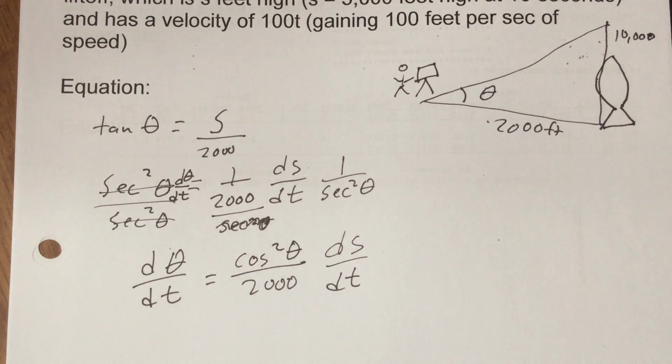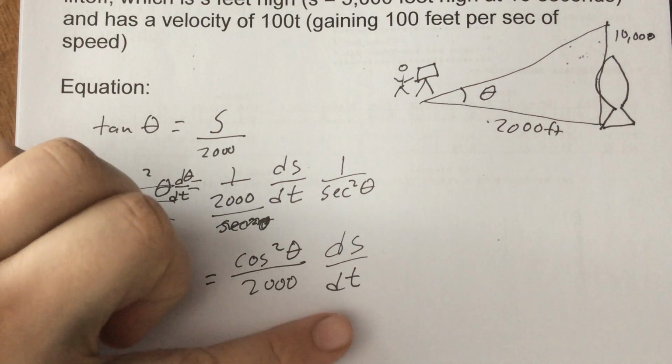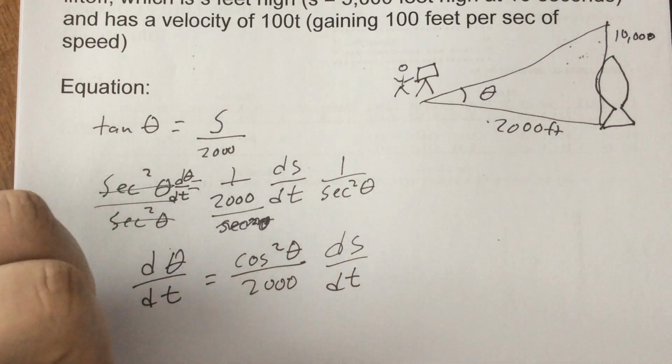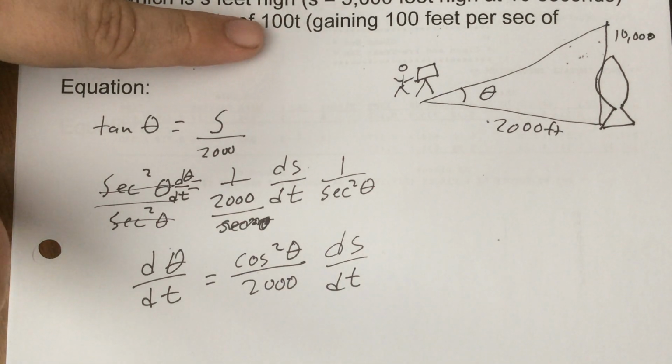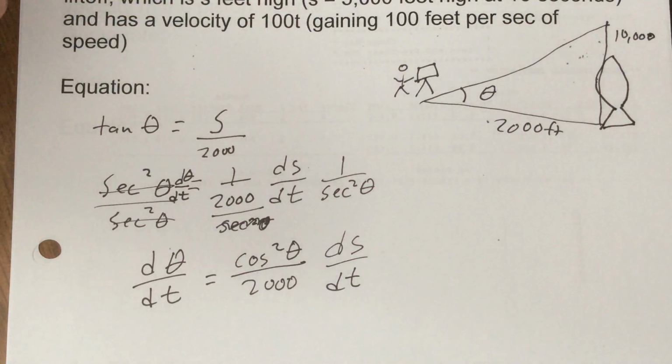So from here we can start figuring up some stuff. Well, ds dt is how s is changing. It says it has a velocity of 100 t, so 100 feet per second squared. That's your change in position. That's your velocity.